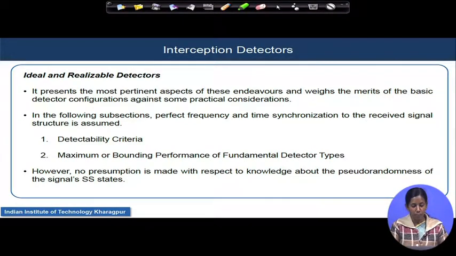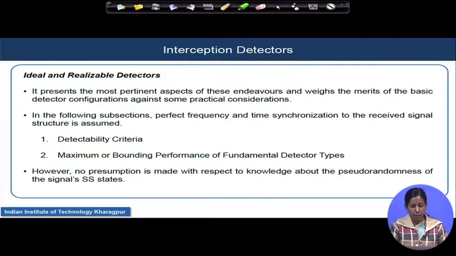Please remember, whenever we talk about the detectors, we will assume that there is perfect frequency and time synchronization to the received signal structure, and we will be focusing on the detectability criteria and also on the maximum or bounding performance of these fundamental detector types. So based on these two parts, we will be assessing the detectors in the upcoming slides.